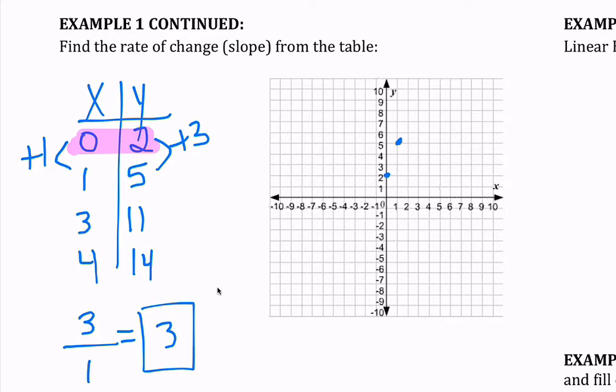From my starting point, I rise 3, run 1. All right, do it again. Rise 3, run 1. Put a new dot. And that's all we can fit on our graph, so we're going to line it up.